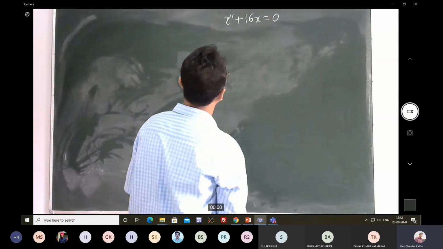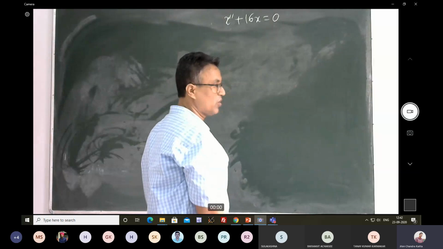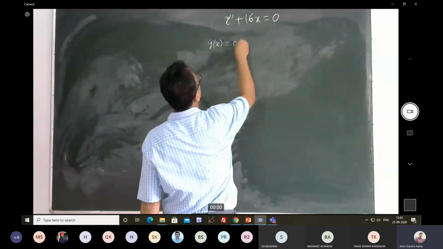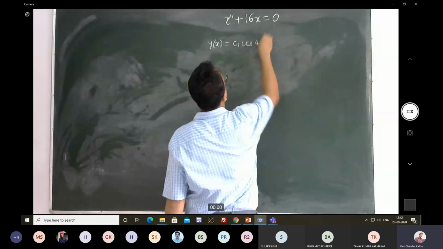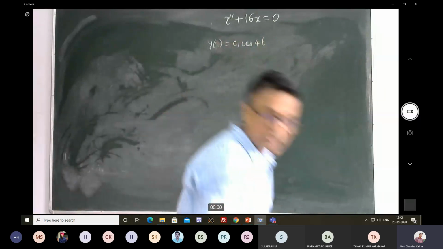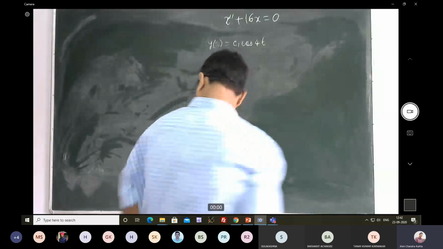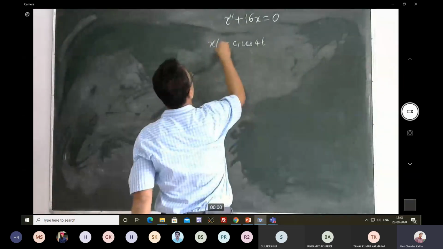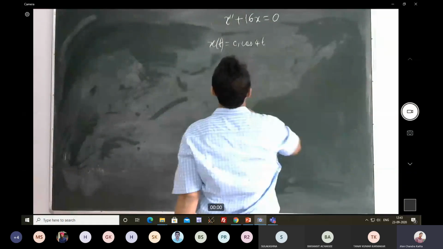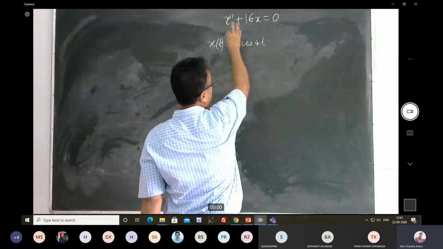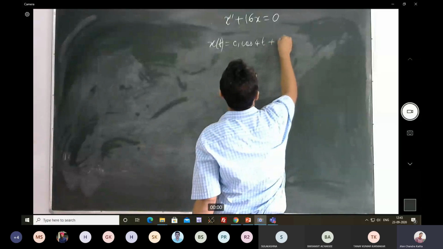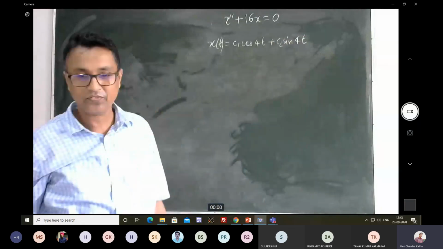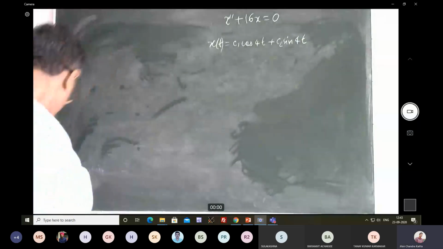The auxiliary equation is D squared plus 4 squared equals 0. So eventually you are going to get x(t) equal to c1 cos 4t plus c2 sin 4t. I'm assuming that x is a function of t. Is this the solution?